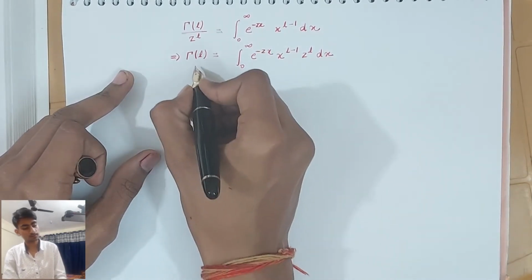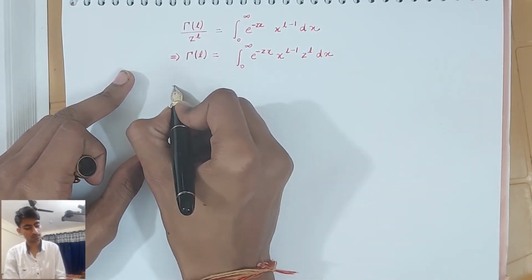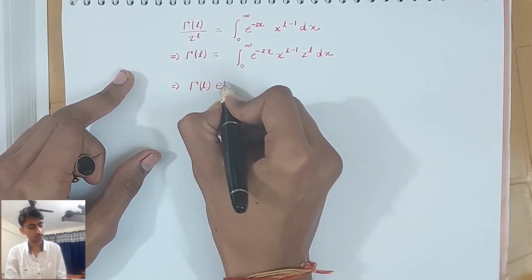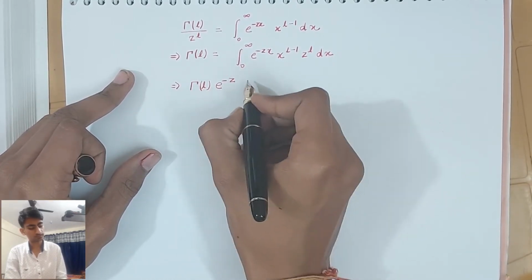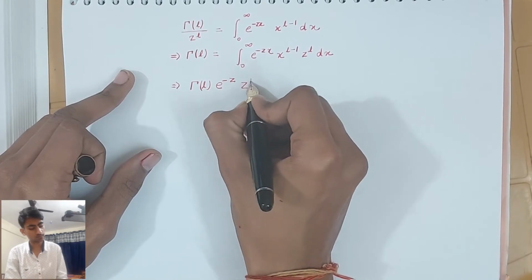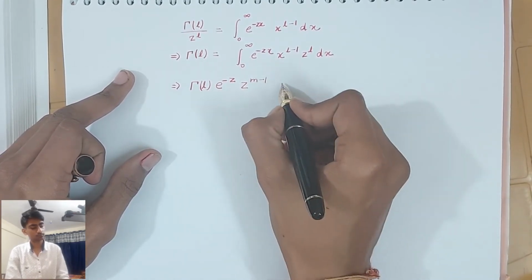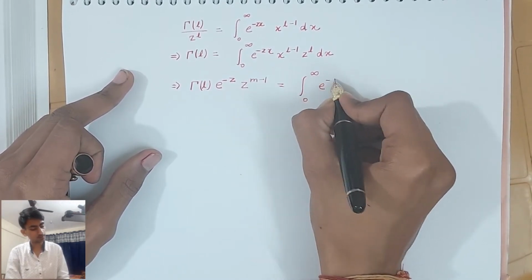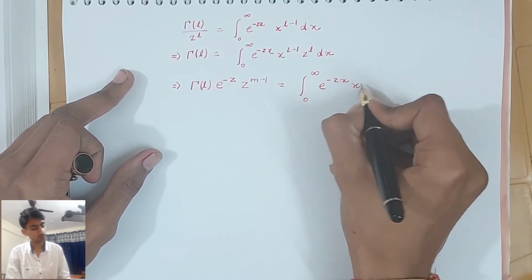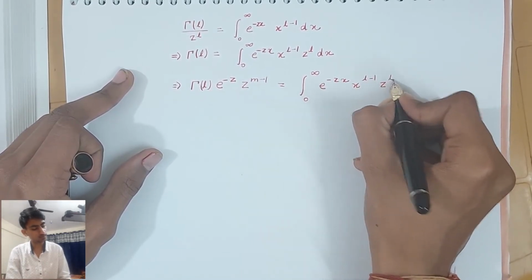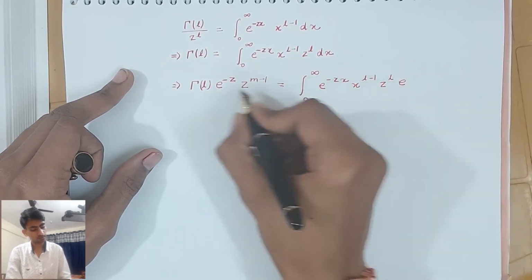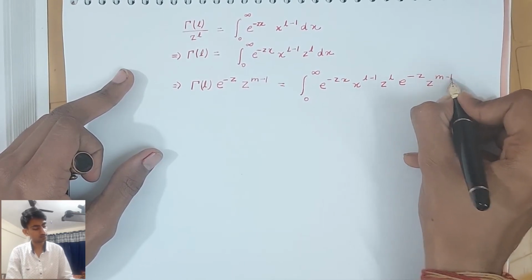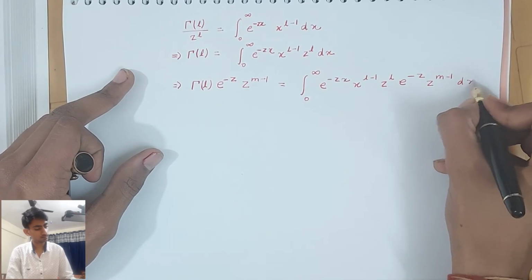Then we will multiply both sides by e to the power minus z and z to the power m minus 1. This gives gamma of L times e to the power minus z, z to the power m minus 1 is equal to integral from 0 to infinity e to the power minus zx, x to the power L minus 1, z to the power L, and e to the power minus z, z to the power m minus 1 dx.